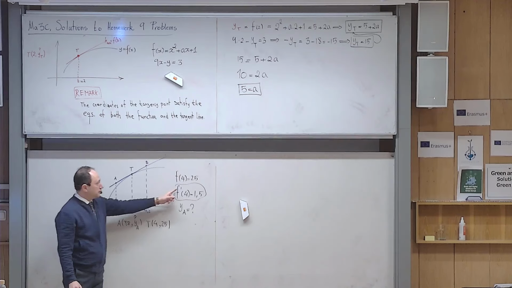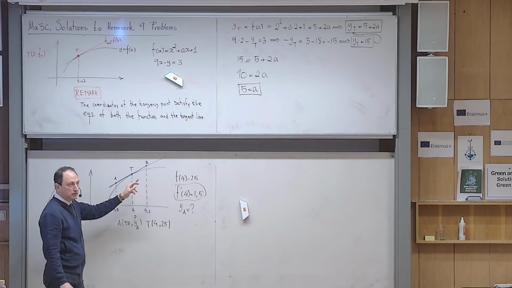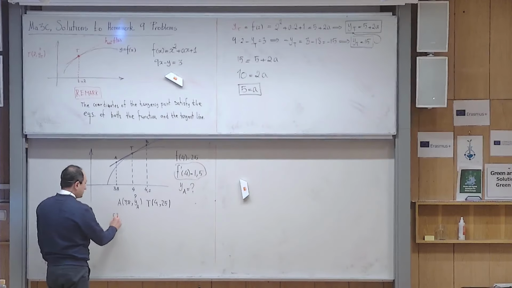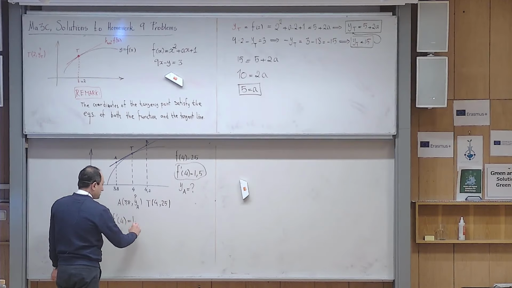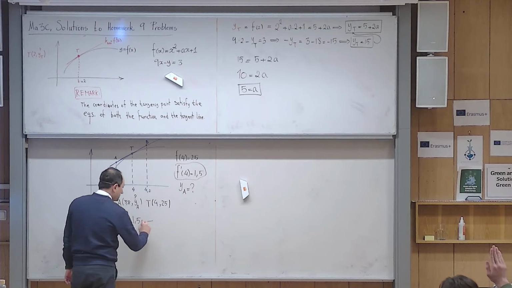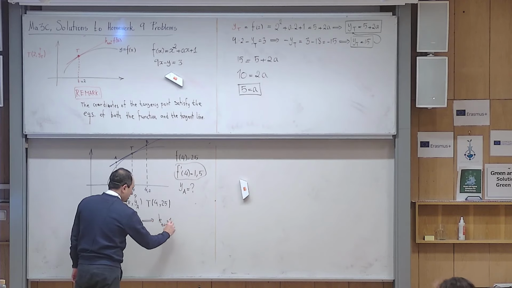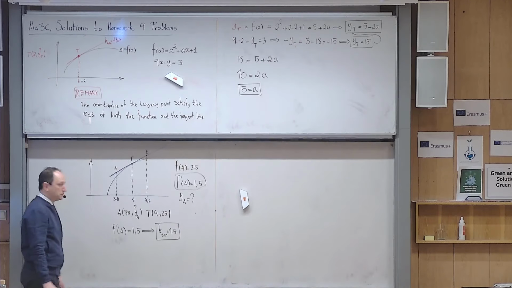I told you f prime at the x-coordinate of the point of tangency is the slope of the tangent line. So f prime of 4 equals 1.5, which means the k value of the tangent line is 1.5. This is based on the information given in the problem.